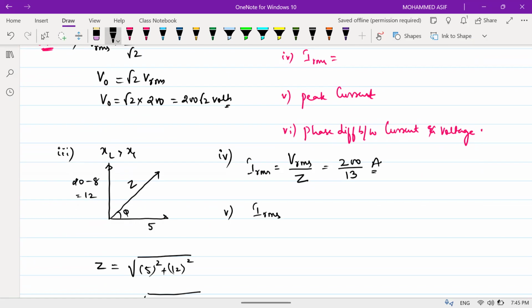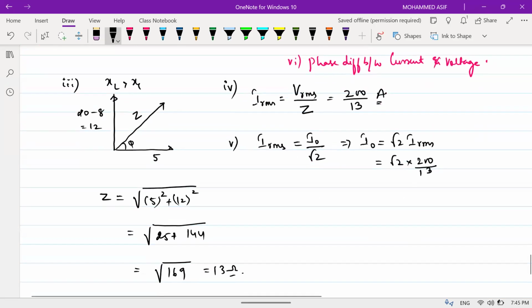If I know the value of IRMS, IRMS equals I naught divided by root 2. So peak value I naught equals root 2 into IRMS, which is root 2 into 200 divided by 13. So the answer is 200 root 2 divided by 13 amperes.